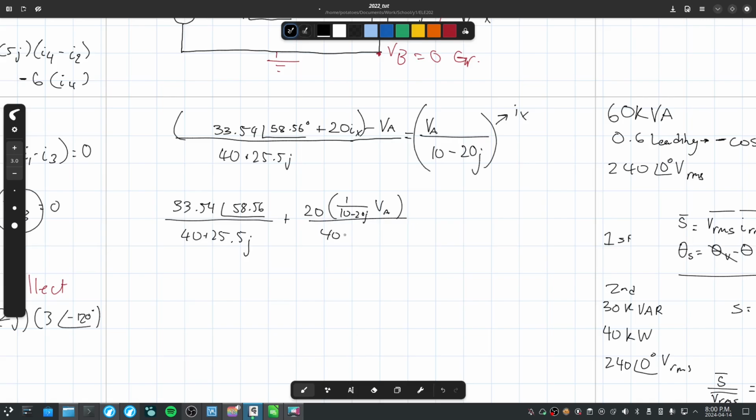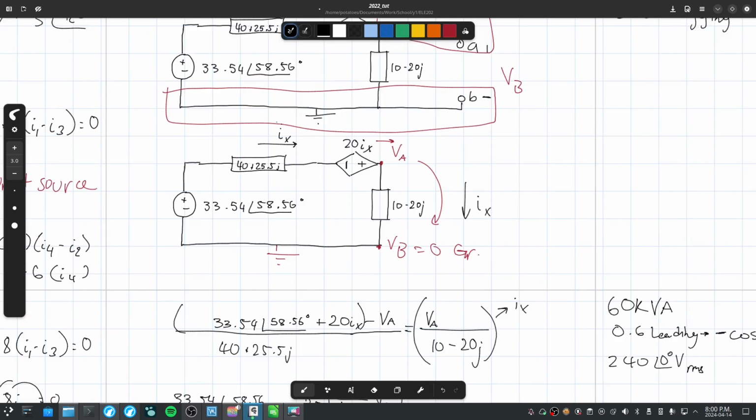over 40 plus 25.5j. Wait, how's the one on the right Ix? This here is Ix, right? The current comes through here, here, here. It comes out here, here, here. So therefore this current here is also Ix. It's a single loop, there are no branches, there's no parallelism.